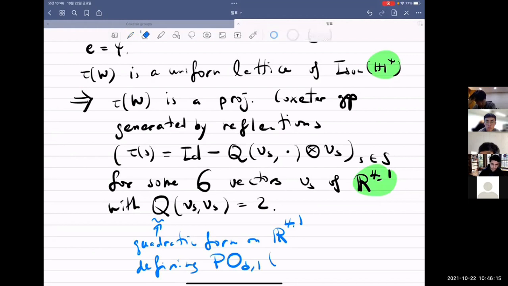In this case, D is 4, of course isomorphic to the isometry group of H4.